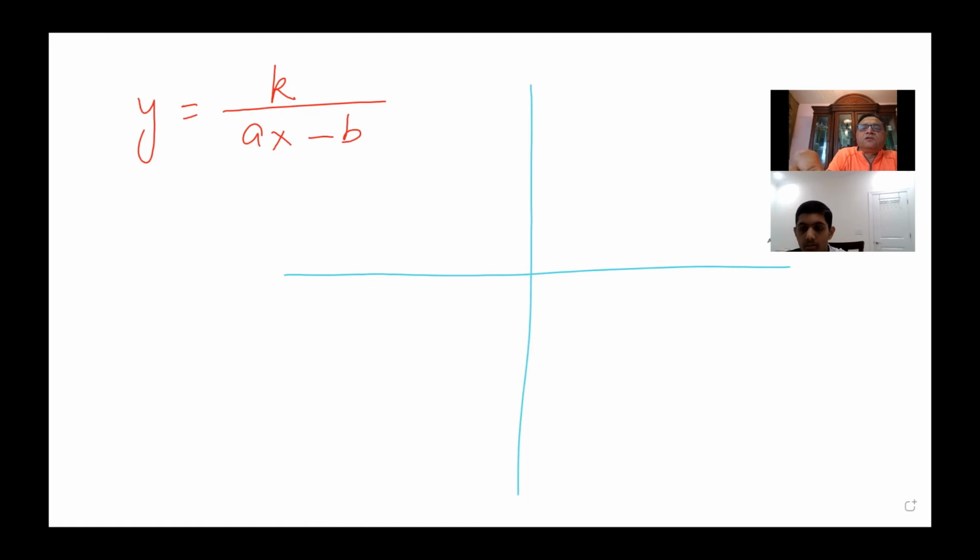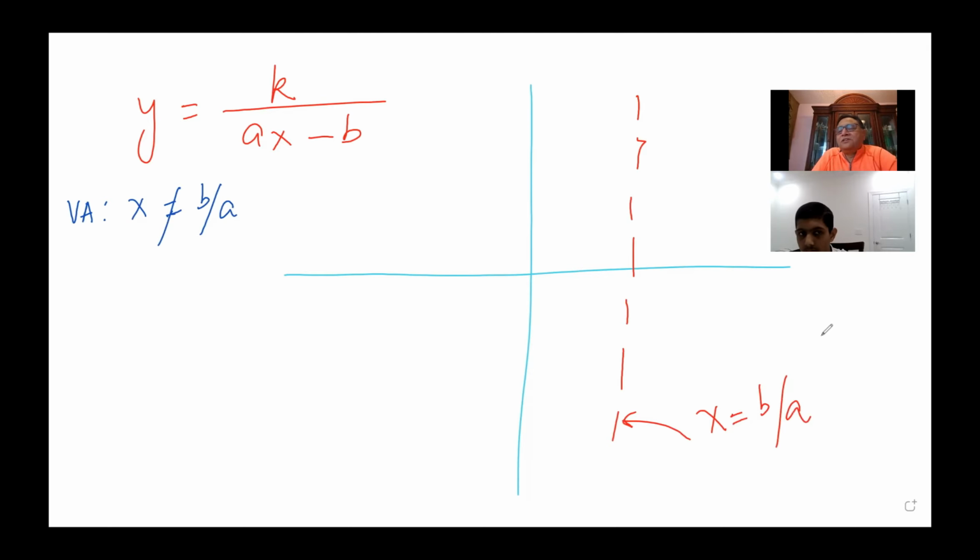So we'll begin now for a general value. So what is the vertical asymptote? Tell me. X equals 3. No, for this function, k divided by ax minus b. B over A. Yes, b over a. So we say that we have a vertical asymptote at x equals b over a. Do you see that general equation? Yeah.